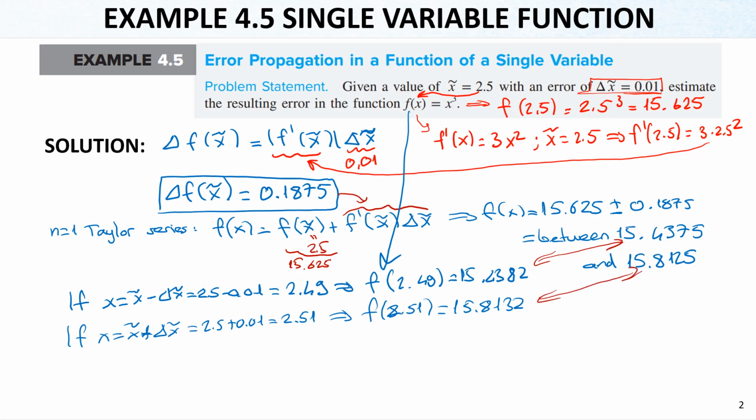So the comparison shows that n equals 1, or the first order Taylor series, gives fairly close estimates.